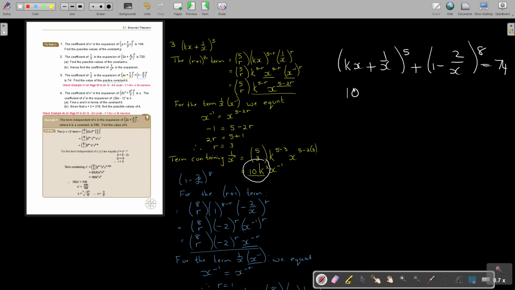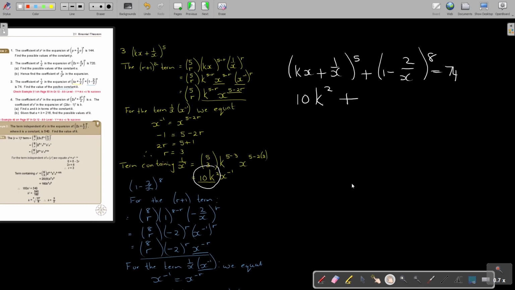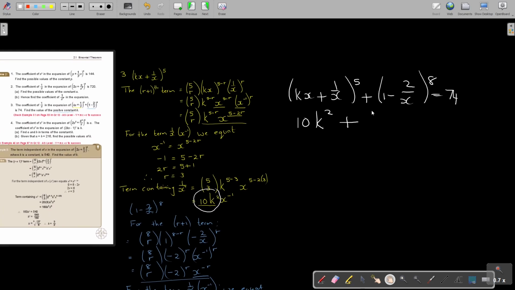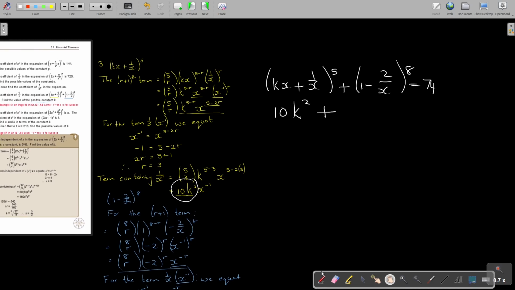So it's going to be 10k squared plus, and now I'm going to the blue, and what was it? Just negative 16. So it's actually plus or negative 16, doesn't matter. Negative 16, and that will be equal to 74.